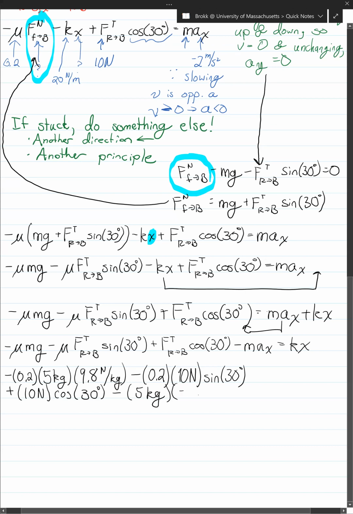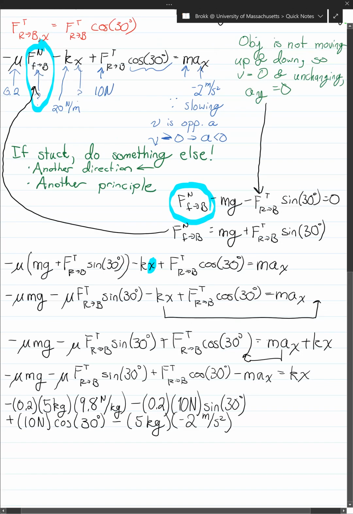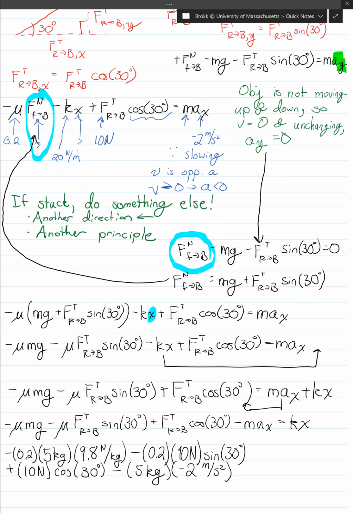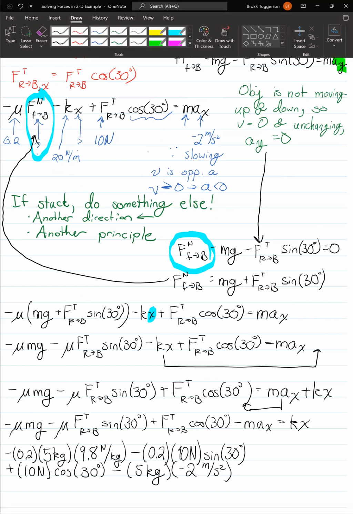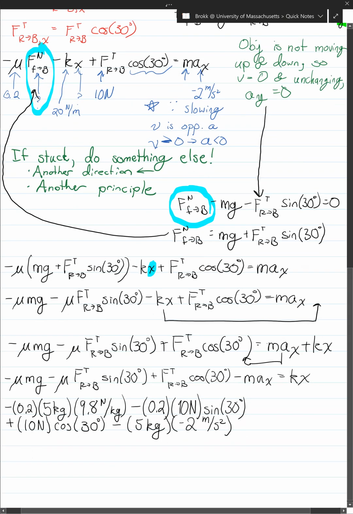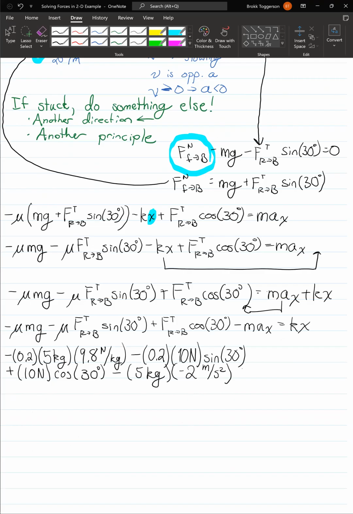Our acceleration is, as we said, 2 meters per second squared. We already figured that out up here when we thought about the velocity and the acceleration and how they relate to each other. So that we know.